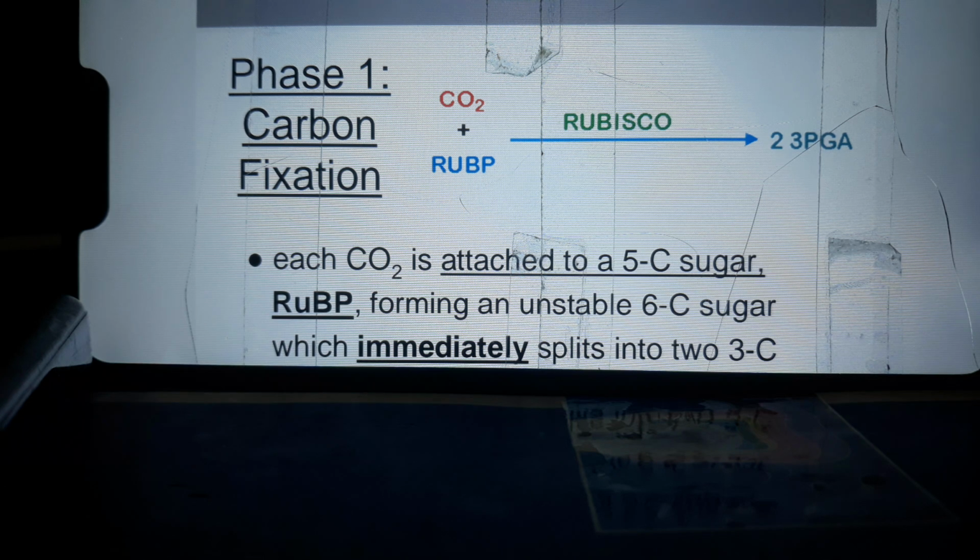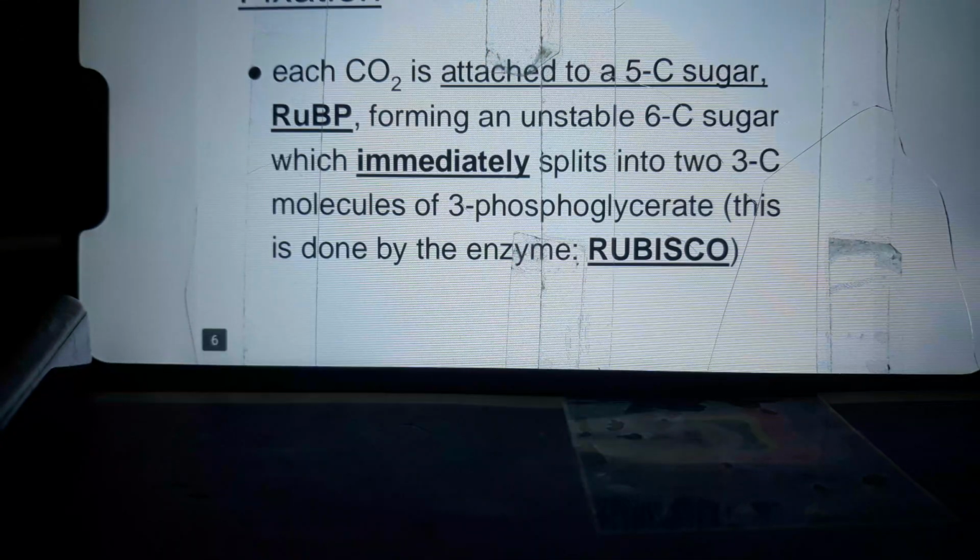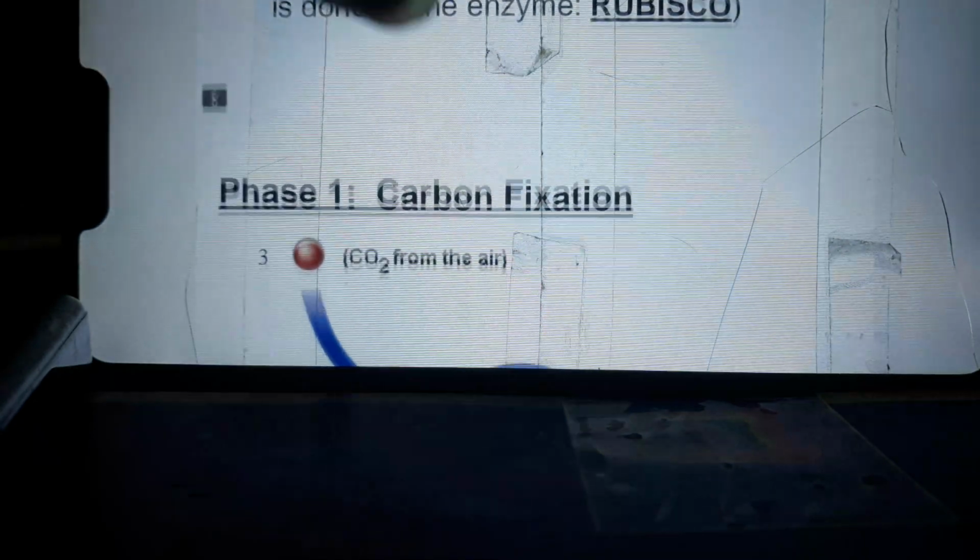Each carbon dioxide, or CO2, is attached to a 5C sugar, RuBP, forming an unstable 6C sugar, which immediately splits into two 3C molecules, that's 3 carbon molecules of 3-phosphoglycerate. This is done by the enzyme rubisco.